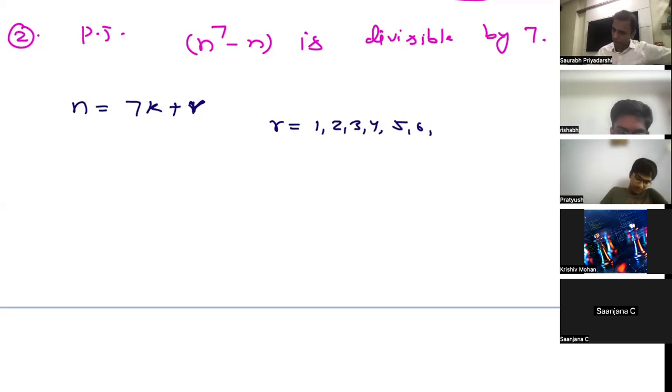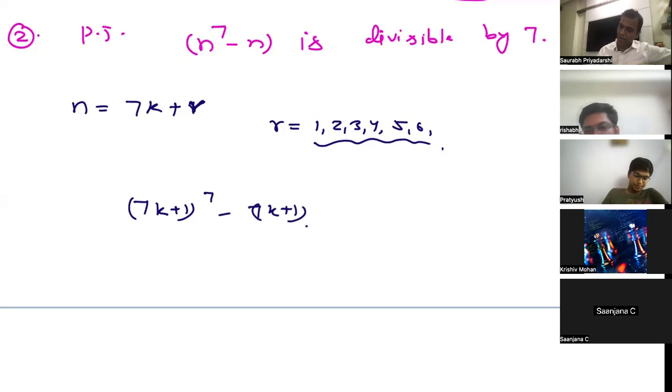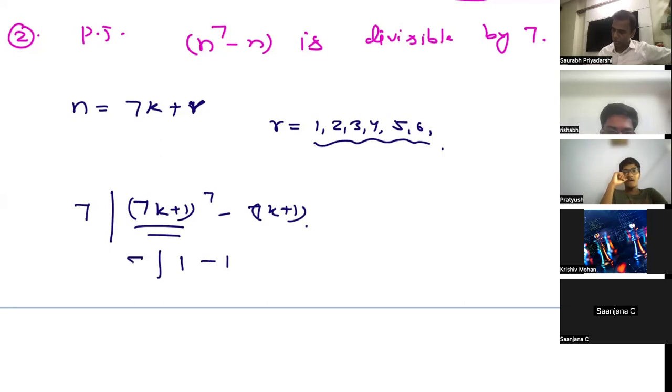So I only have to check with these numbers 1, 2, 3, 4, 5, 6. If I write this in the form of 7k plus 1 to the power 7 minus 7k plus 1, obviously I know the unit place factor of this will be 1 only if I divide this by 7, and this is 1 only, so this will be 0.